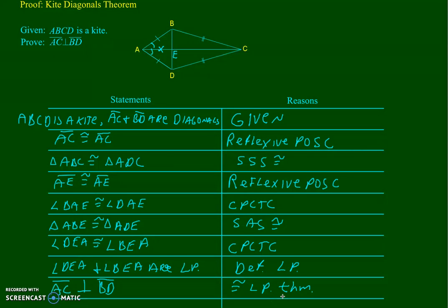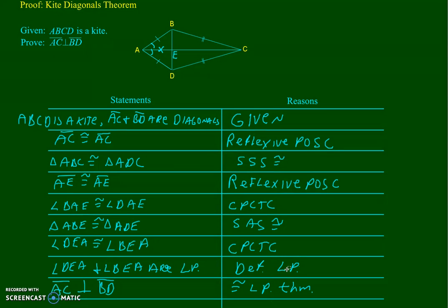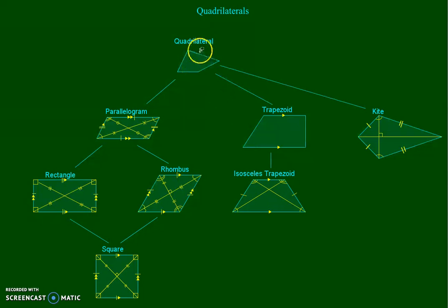And there's our proof. Before we close out the series on quadrilaterals, I'd like to do one final review of all the properties together. So let's go ahead and take a look at them all in one page. At the top of our tree, we have a quadrilateral, a polygon with 4 sides. And on the lower left, the first thing we talked about was parallelograms.